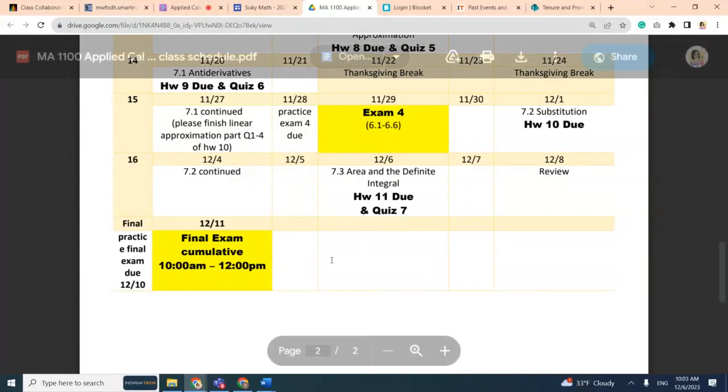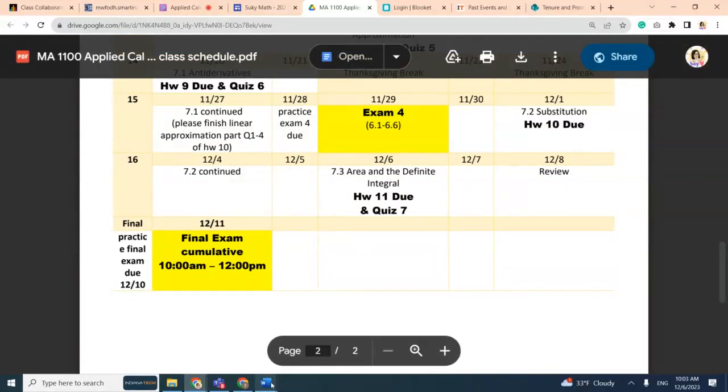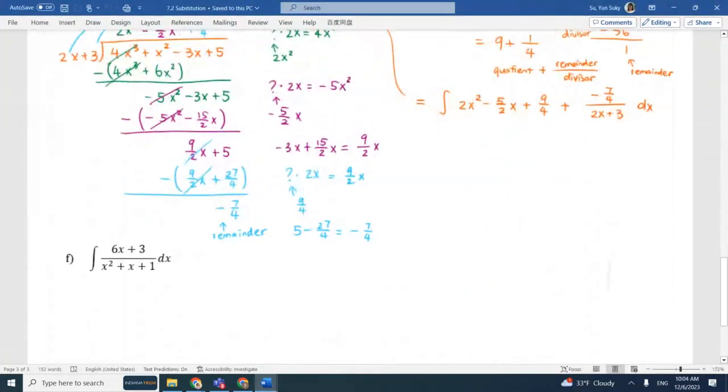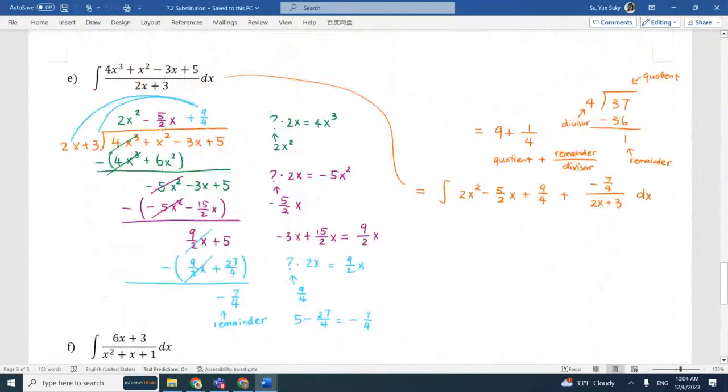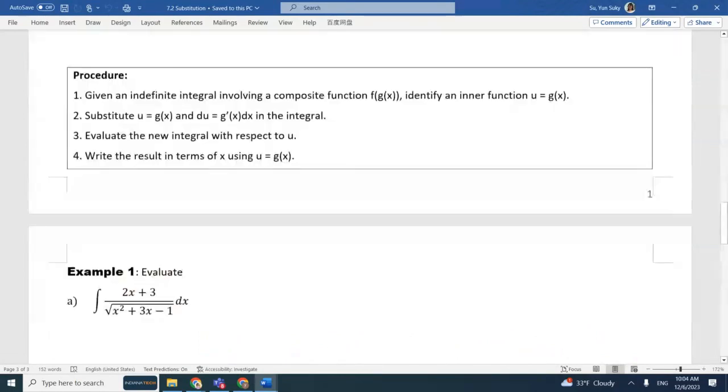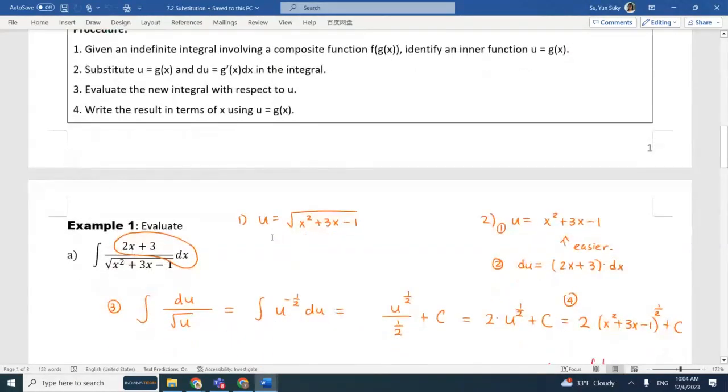So let's see. Today we continue on section 7.2. We talk about u substitution. When we see a composite function, we let u be the inner function. These are the steps. We let u be the inner function, and then we find the du, and you also have dx on the right-hand side.